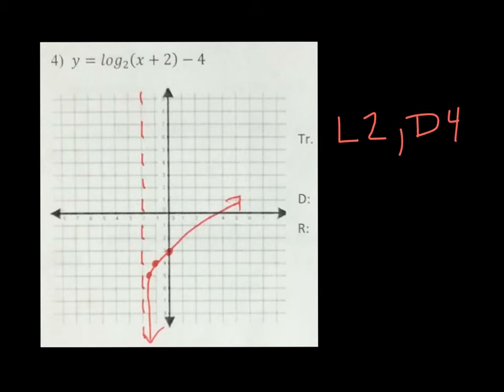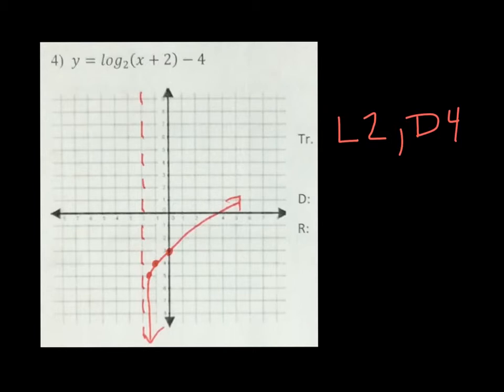So here's what the graph would look like. Our asymptote's been moved to the left 2 units. And now all of our points, 1/2, negative 1, gets moved to the left 2 units and down 1, 2, 3, 4. 1, 0, left 2, down 4, and 2, 1 moves to the left 2, down 4, and I connect my dots, and there's our graph.